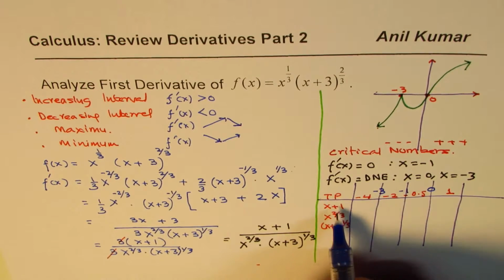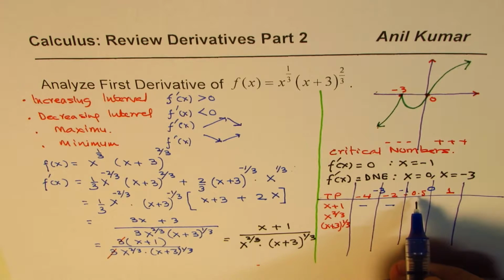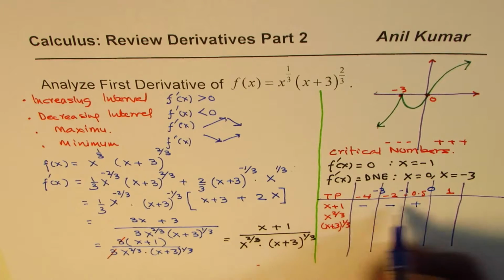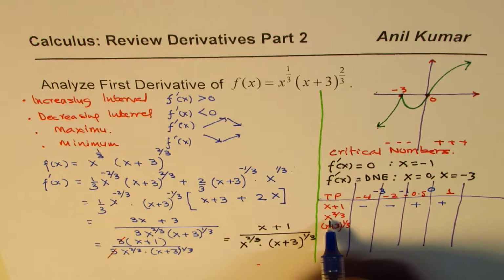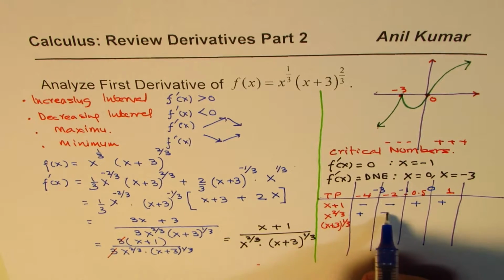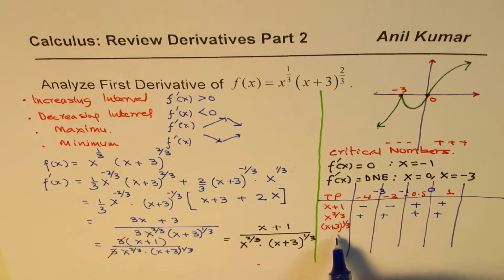If I substitute minus 4 in x plus 1, it is negative, minus 2, negative, minus 0.5 is negative, and in the interval from 0 to infinity it will be positive. X to the power of 2 over 3 will always be positive. That square thing makes it positive. X plus 3 to the power of 1 over 3: now, if x plus 3 is negative, it is negative.